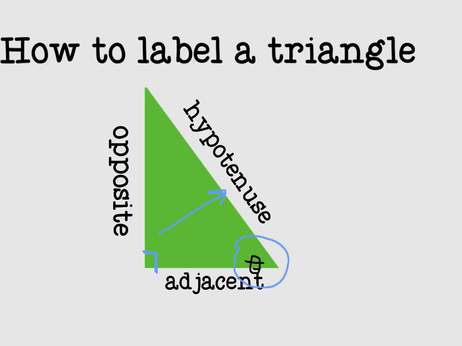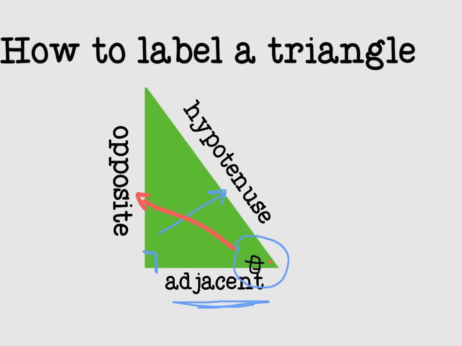So if you put your finger on theta, the adjacent side of the triangle is always going to be touching angle theta. And the opposite side is always going to be directly across from angle theta.